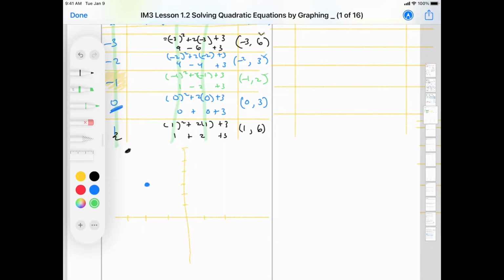Left 1, up 2. 0, and then go up 3. And then right 1, up 6. And we have a graph that looks kind of like this.